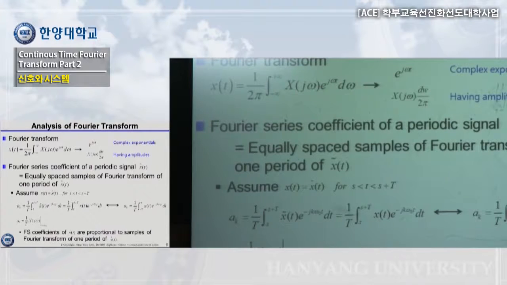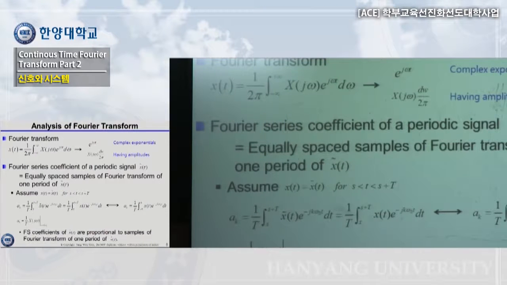And also, in the case of a periodic signal x tilde, its Fourier series coefficients are equal to equally spaced samples of the Fourier transform of one period of x tilde.